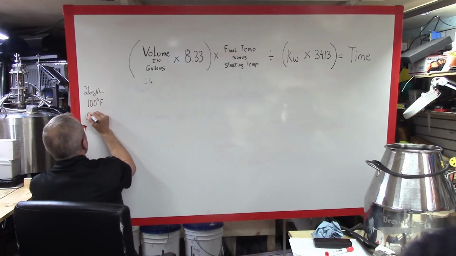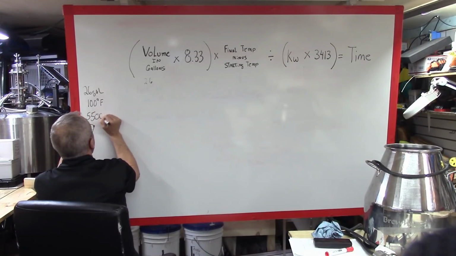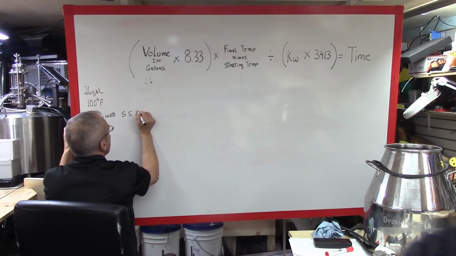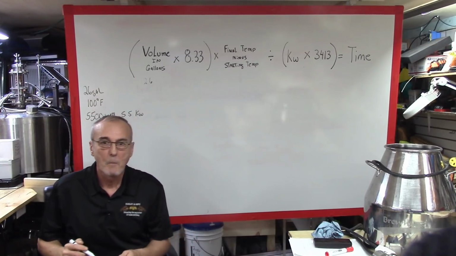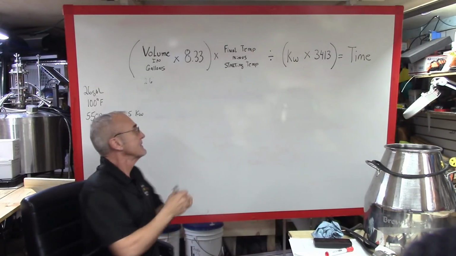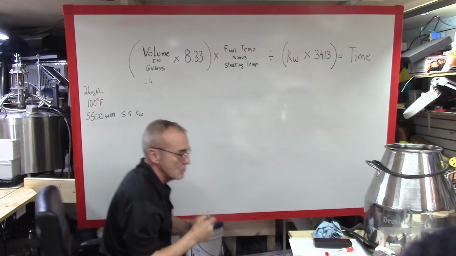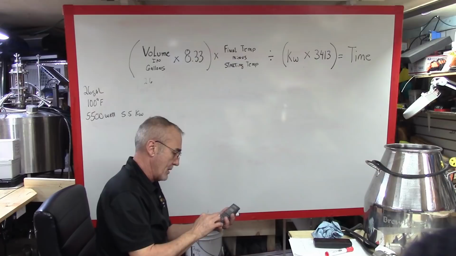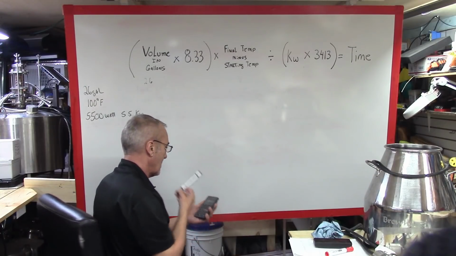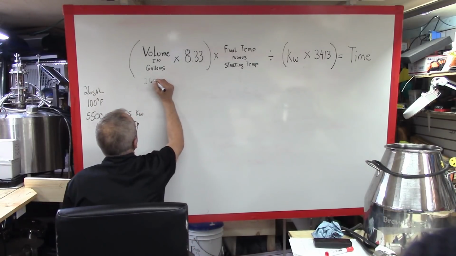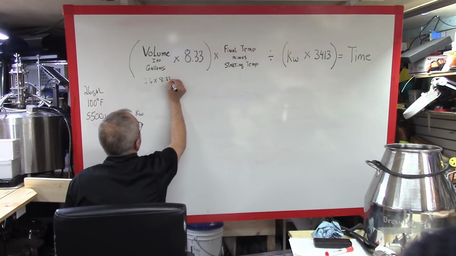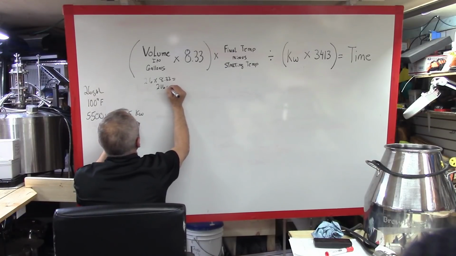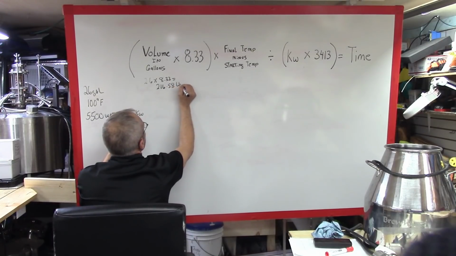And I'll have a 5,500 watt element. So that's 5.5 kilowatts. Let's do the math. 26 times 8.33 equals 216.58 pounds.